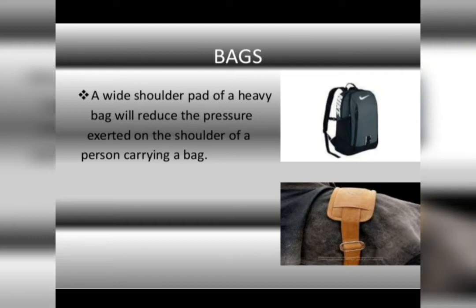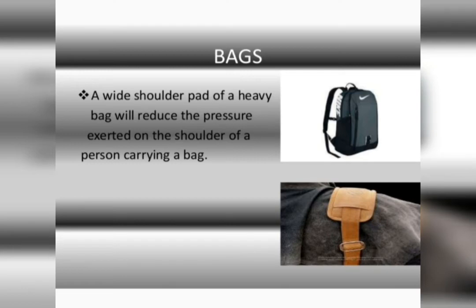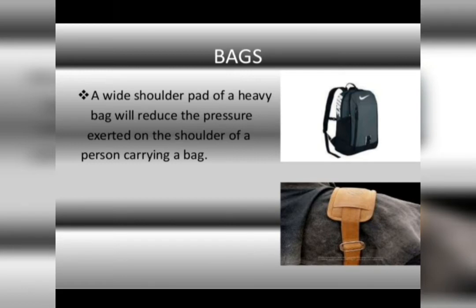Because by placing that, porters increase the area of contact of the load with their head. And when area increases, what will be the pressure? Pressure on the head gets reduced and it becomes easier for them to carry that heavy load. Okay, so this is an important application on the basis of pressure.